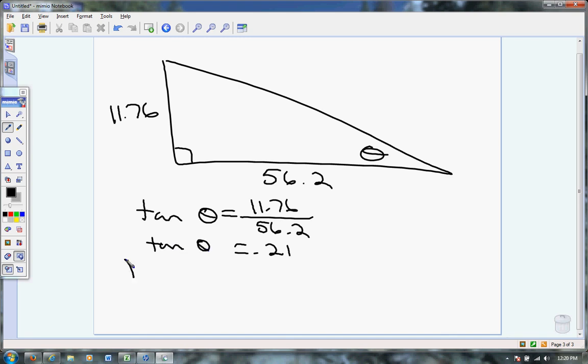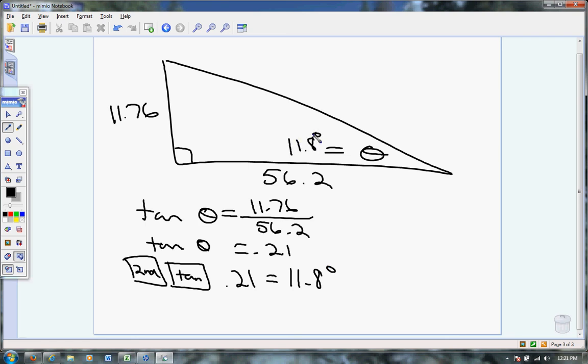Then I'm going to do second tangent on my calculator of 0.21. Second tangent, and I like to use the answer button, and I get 11.8 degrees. Okay? And if I wanted to do that as a bearing, if you think back to my picture, this is 11.8 degrees.